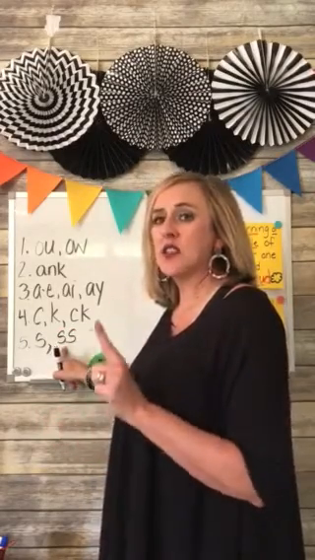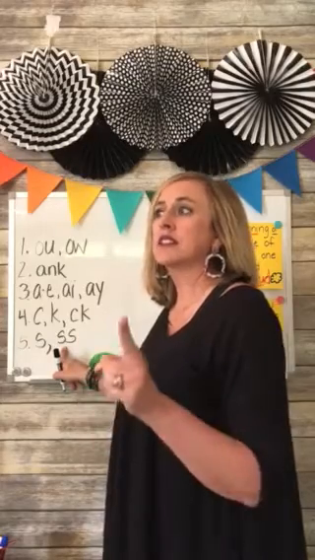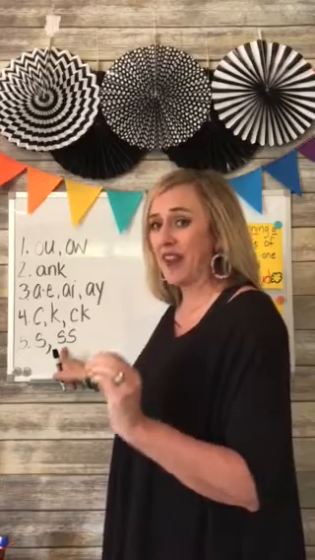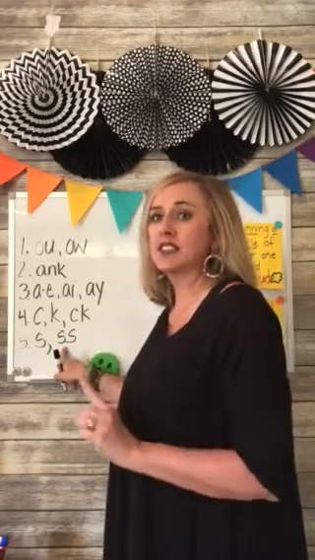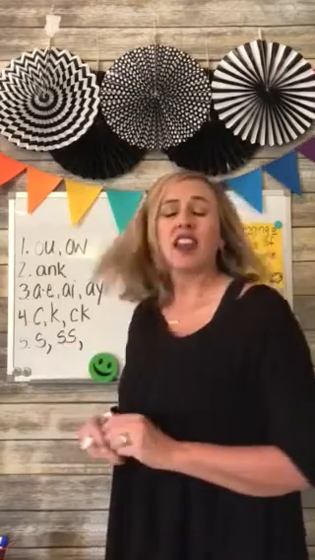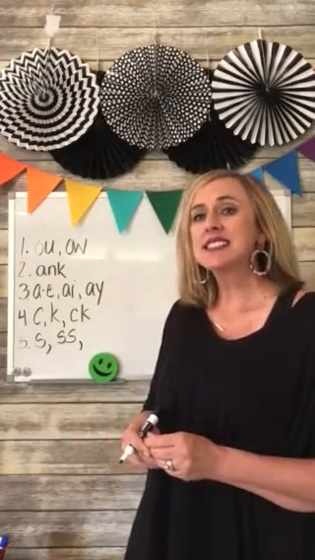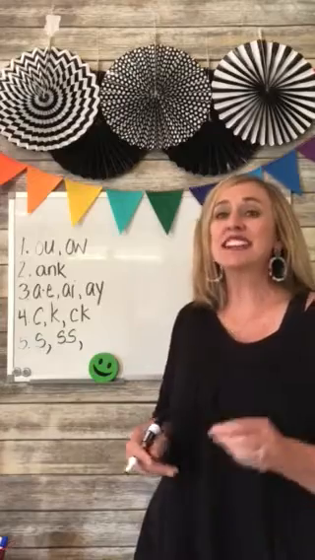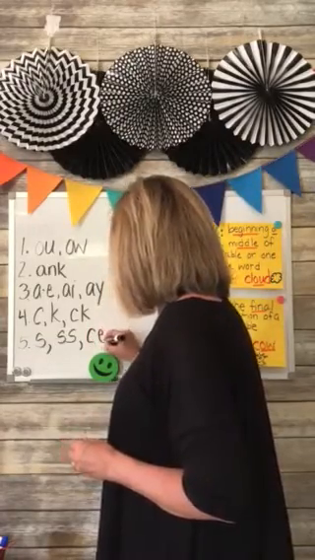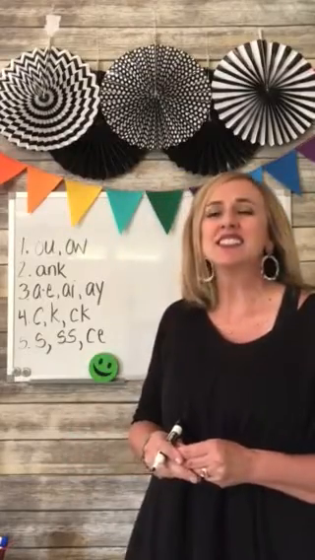If S is at the end of the word, and it comes at the end of a 1-syllable word, and it comes right after a short vowel, we have to double that S. It's called the floss rule. And the last way we learn to make that sound, yeah, that's right, is with CE. We call that soft C. CE together works to make the S sound.